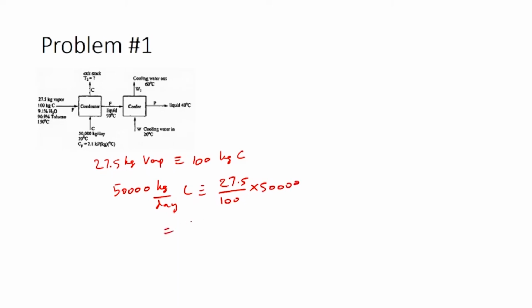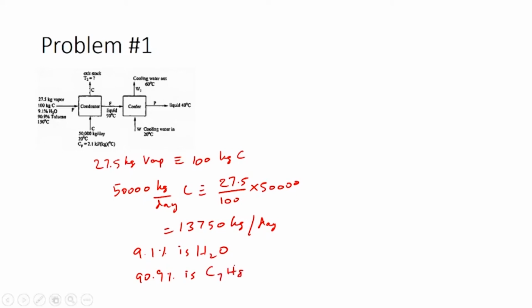So, this is equal to 13,750 kilograms per day. So, this is the mass of vapor which is being fed to the system. We know that out of this 9.1% is water, and the rest, 90.9%, is toluene, C7H8.